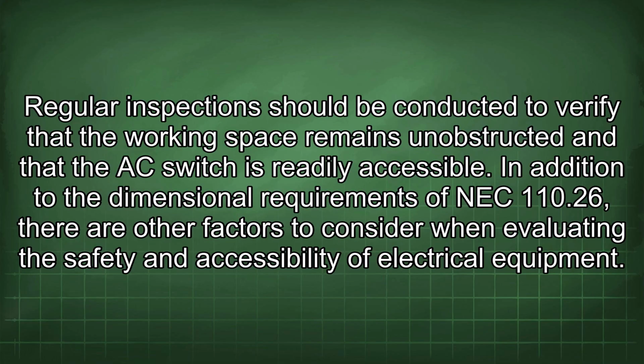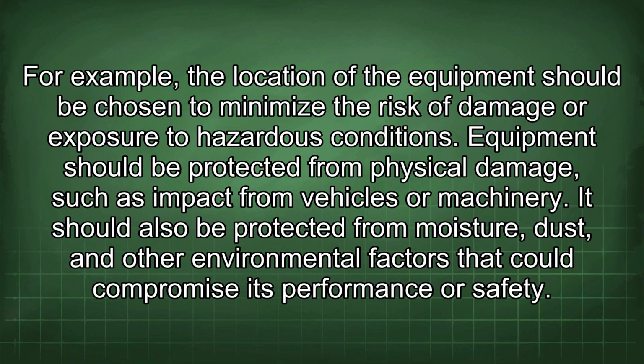In addition to the dimensional requirements of NEC 110.26, there are other factors to consider when evaluating the safety and accessibility of electrical equipment. For example, the location of the equipment should be chosen to minimize the risk of damage or exposure to hazardous conditions. Equipment should be protected from physical damage, such as impact from vehicles or machinery.